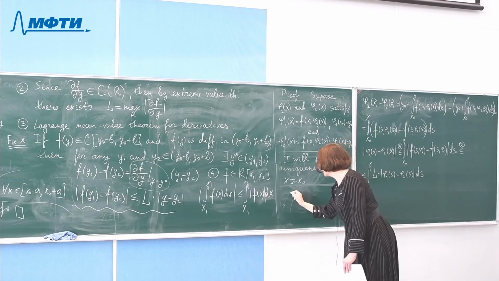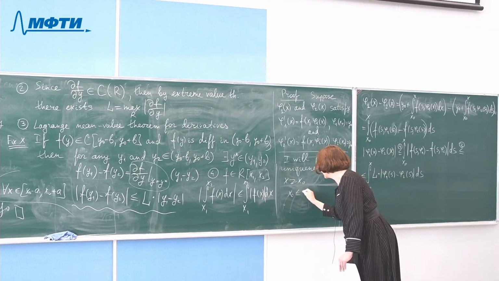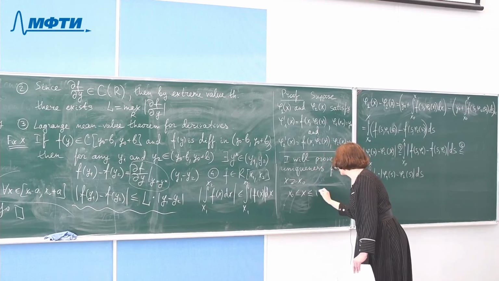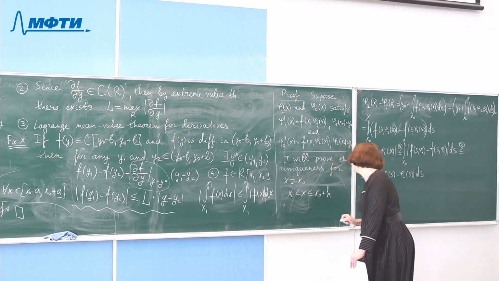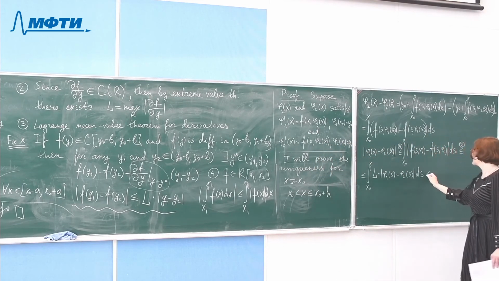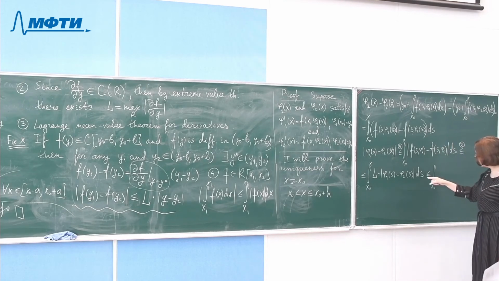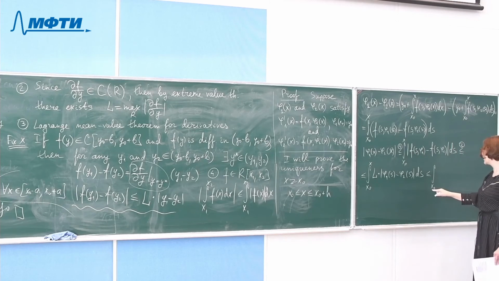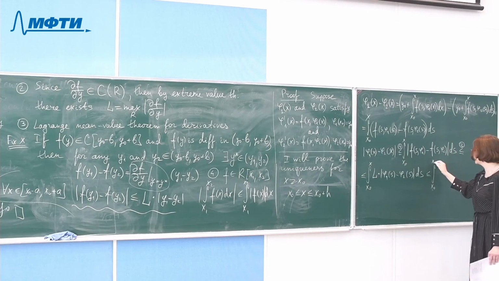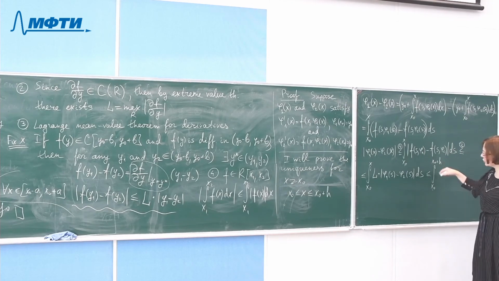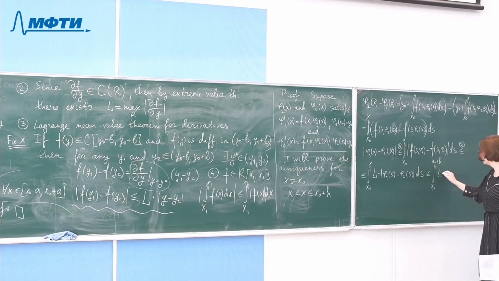But we will suppose that x is between x0 and x0 plus h. And so this can be estimated. So this does not exceed the integral from x0 to x0 plus h, h will be chosen later, of L times the absolute value of phi1 of s minus phi2 of s ds.